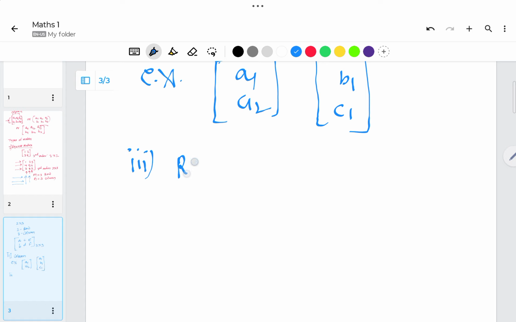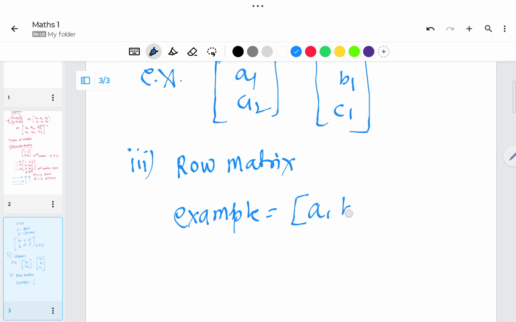The third matrix type is the row matrix. A matrix having one row but any number of columns is called a row matrix. Means only one row is there. For example, A1, B1 or A1, B1, C1.